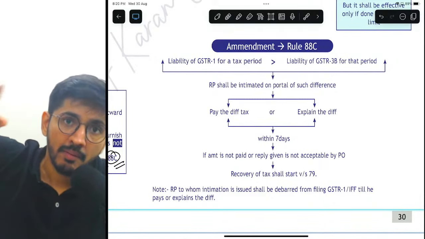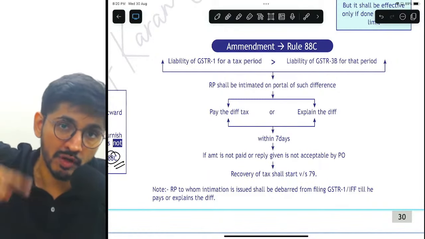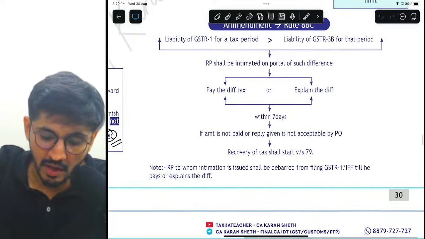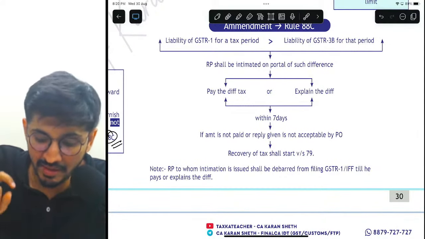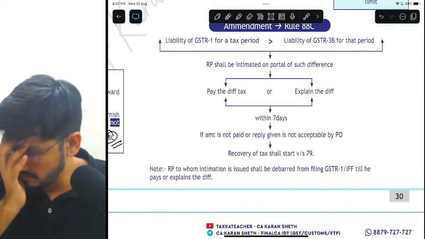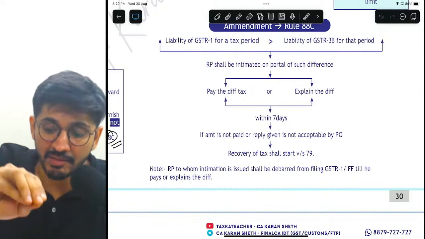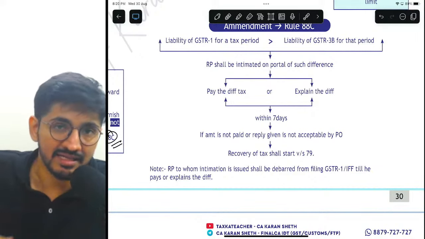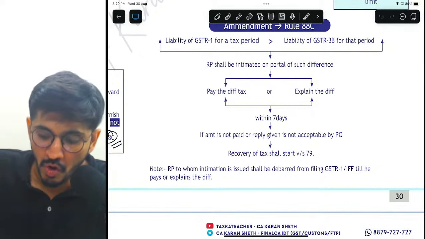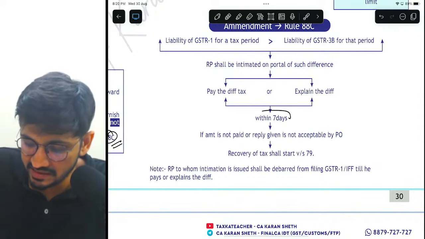He shows it in 1, but does not show it in 3B, and thereby does not pay tax in 3B. Now, if there is any difference, intimated on the portal of such difference, he either has to pay the differential tax amount or explain the difference within 7 days.